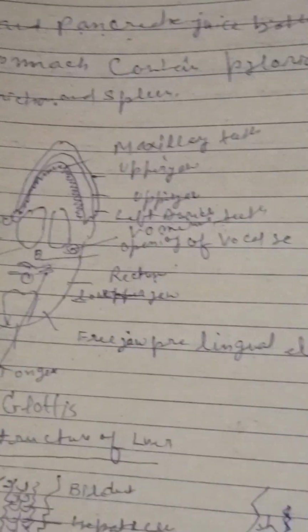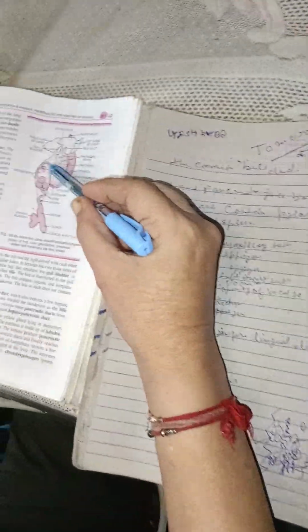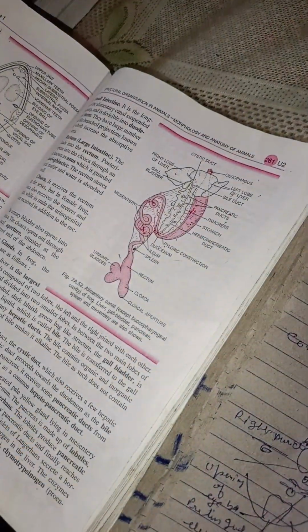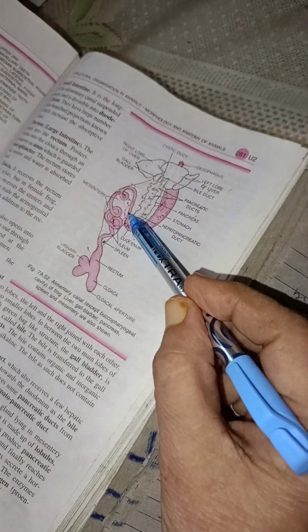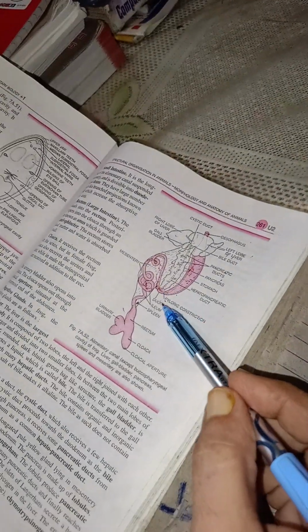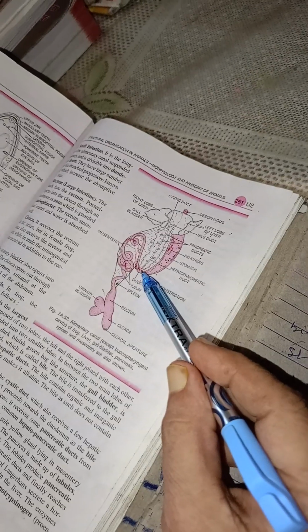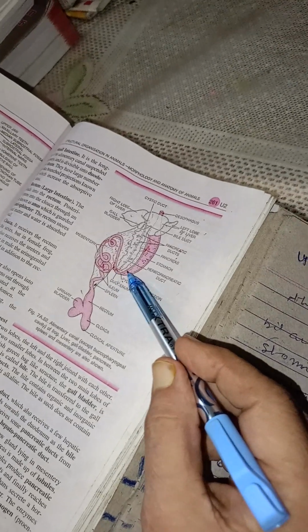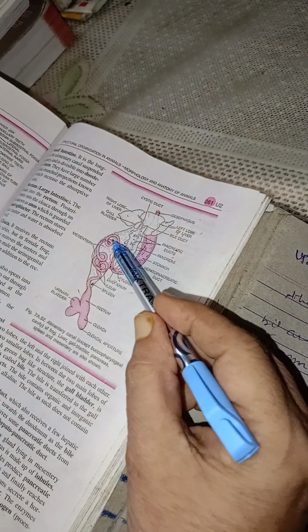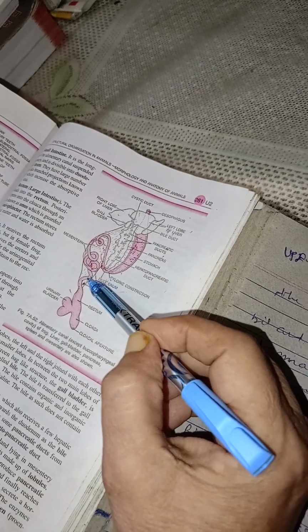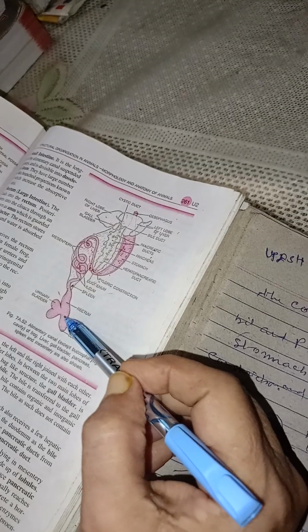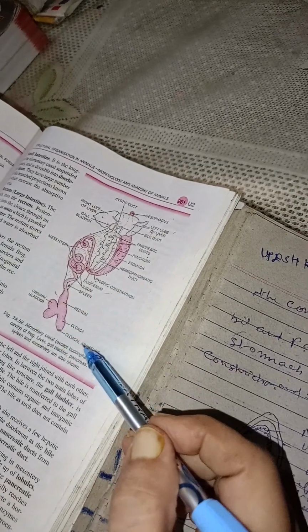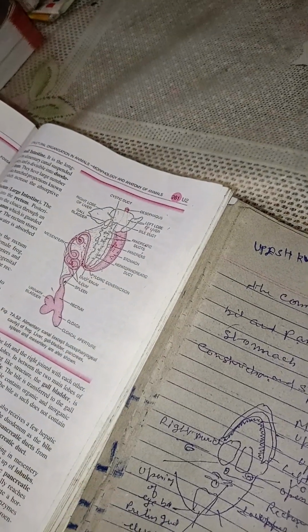Then the food reaches the ileum. In the ileum, there are crypts of Lieberkuhn, and some cells convert protein into peptones and proteoses, and then the food is digested completely, and the undigested food is removed through the rectum.